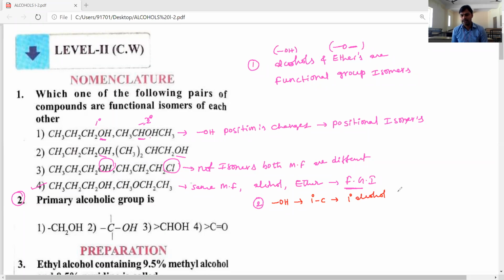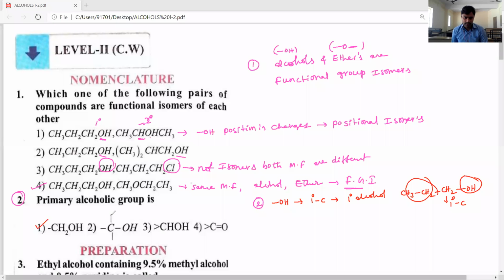The general representation is CH3-CH2-CH2-OH. Like this, the OH group is connected to a primary carbon. So the answer is the first option.